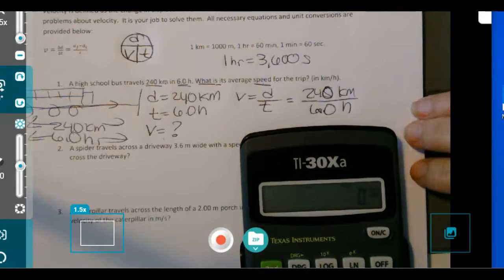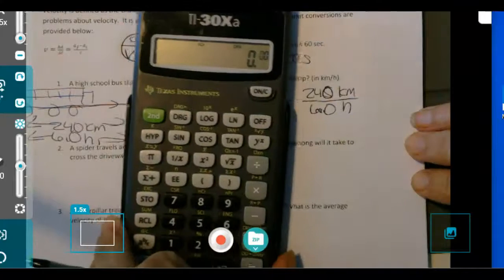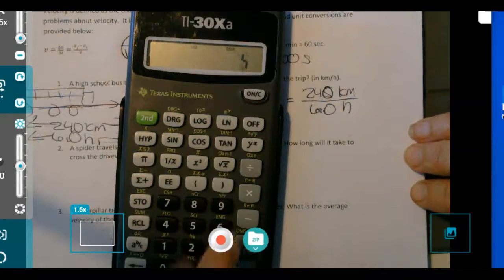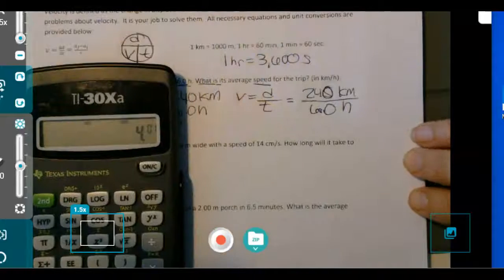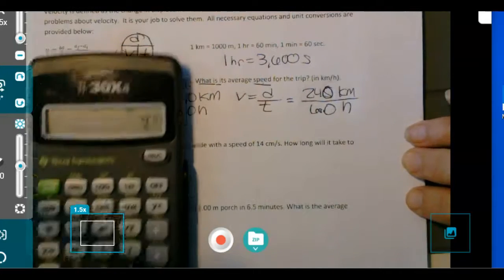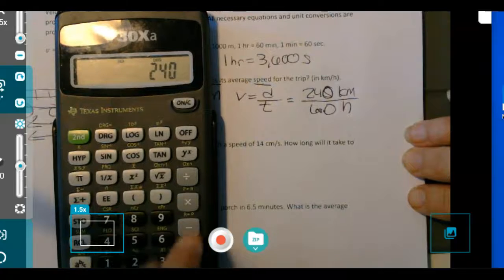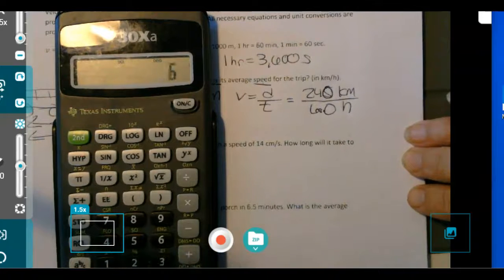So I got 240 divided by 6. So it's 4. Oops, sorry. 240 divided by 6.